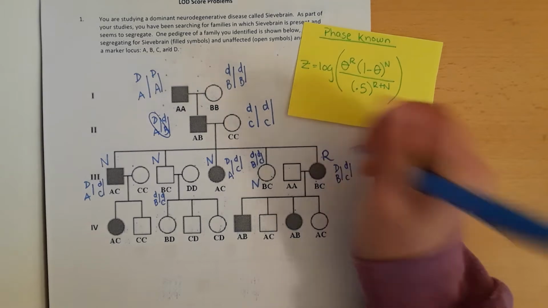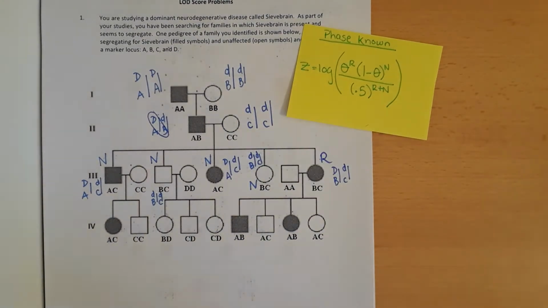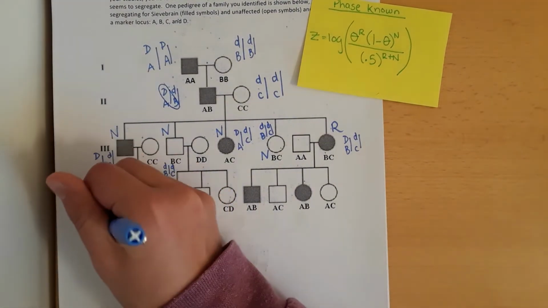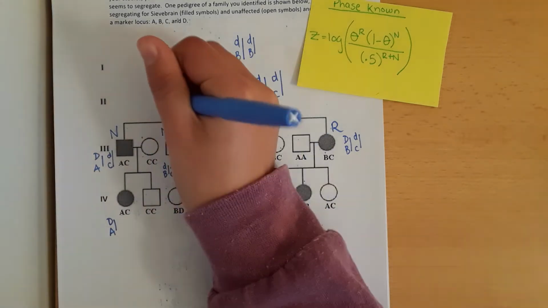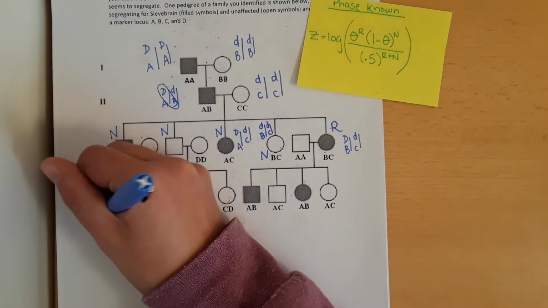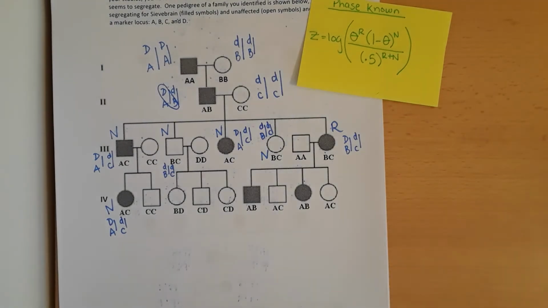So we're going to write this person as being recombinant. Now let's go over here. A C. So D A from dad, like normal. D C from mom, non-recombinant.